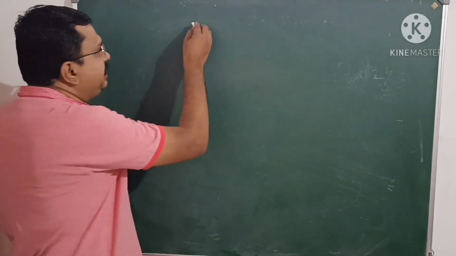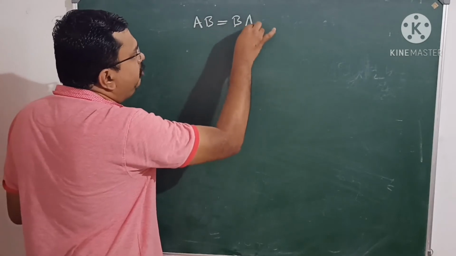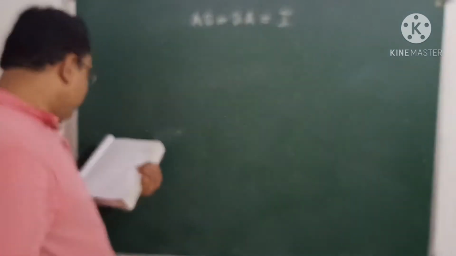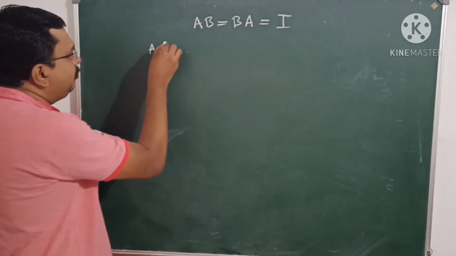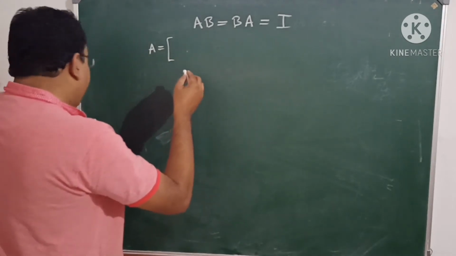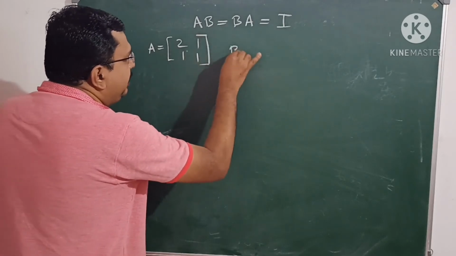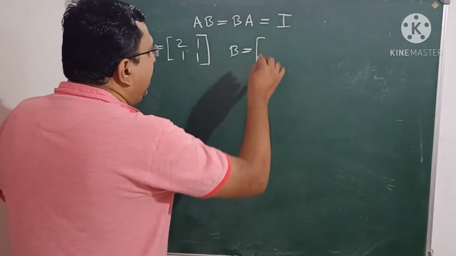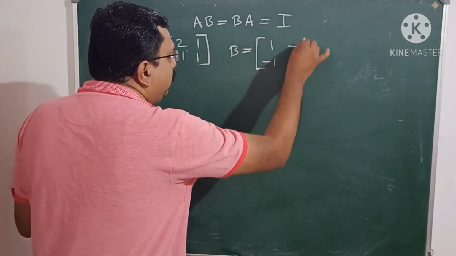Remember that our condition is A into B equal to B into A equal to I. For example, take two matrices A and B. Let A equal the matrix [2 1; 1 1] and matrix B equal [1 -1; -1 2].